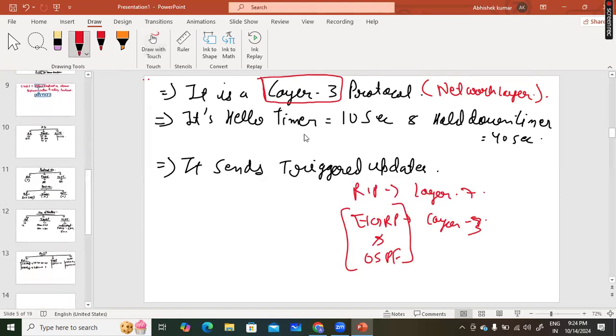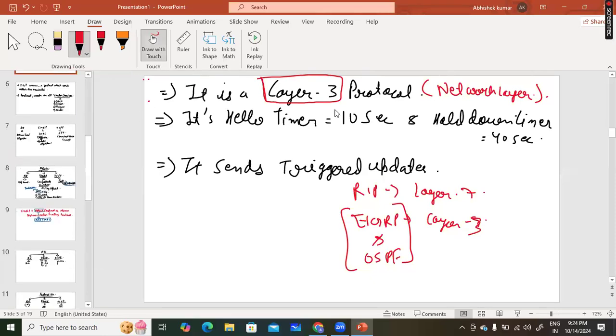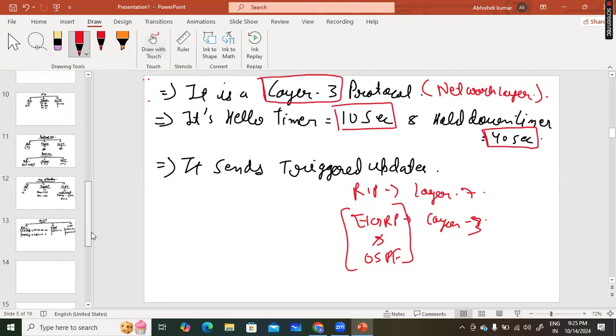The last point is that its hello timer is 10 seconds and hold down timer is 40 seconds. Now we have to understand what this means.